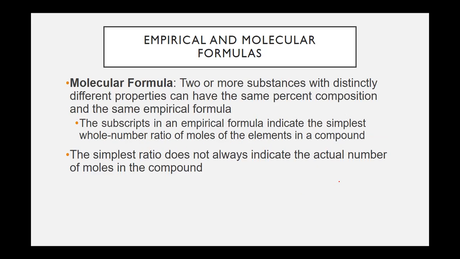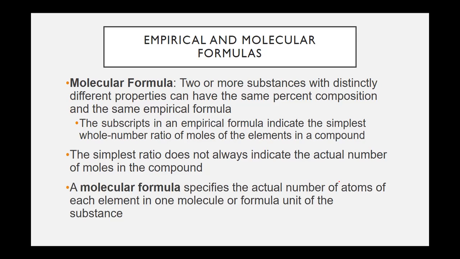Molecular formula, on the other hand, is the two or more substances with distinctly different properties can have the same percent composition and the same empirical formula. So the subscripts daw in an empirical formula indicate the simplest whole number ratio of moles of the elements in a compound. The simplest ratio does not always indicate the actual number of moles in the compound, since ito nga yung empirical formula natin.